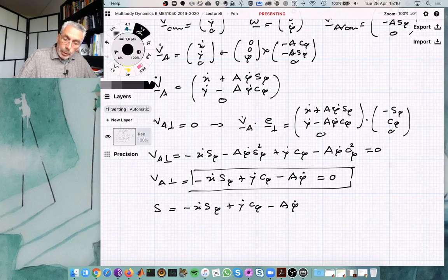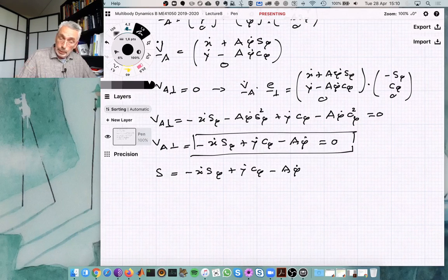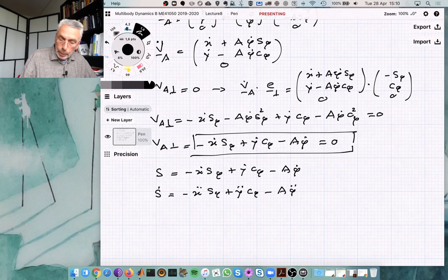Now in the equation of motion we need of course an expression for our acceleration constraint, so we do S dot. Again the same Jacobian: x double dot sine phi plus y double dot cosine phi minus a phi double dot, plus, and now we get our convective terms. Let's put a bracket around it.